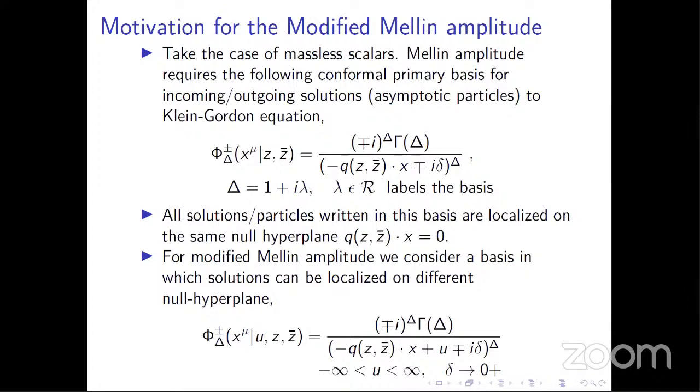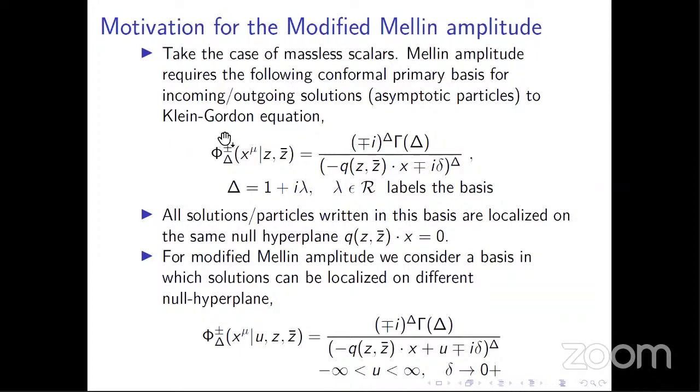Now, why do we want to go from the Mellin basis to the modified Mellin basis? The motivation can be seen with this example. Take the case of massless scalars, where the Mellin amplitude requires the conformal primary basis.